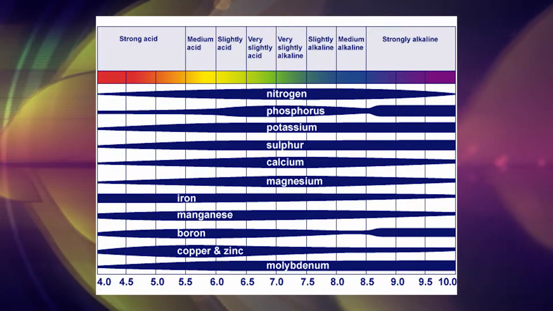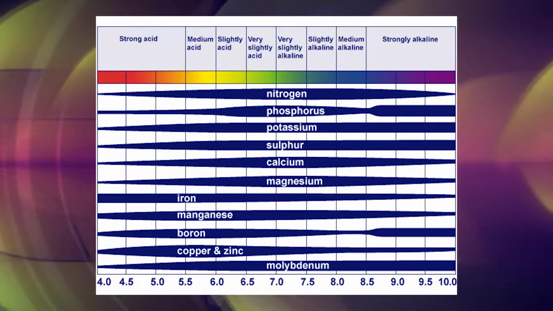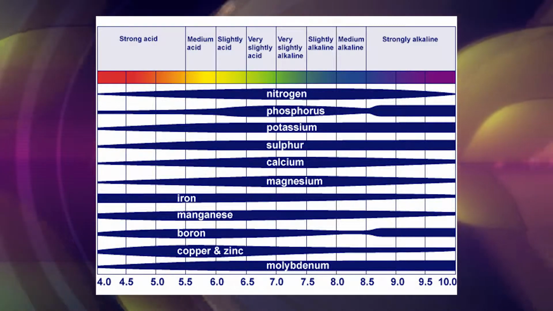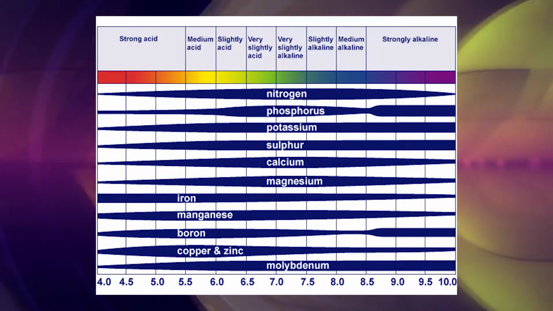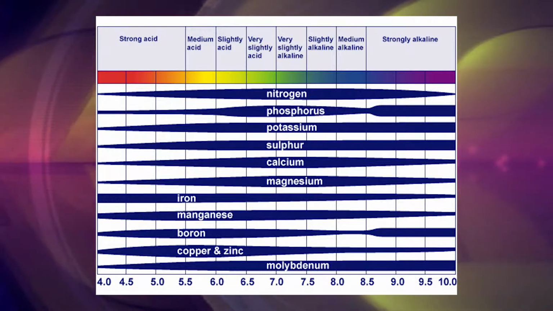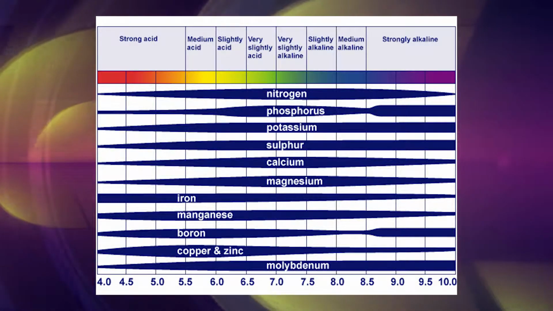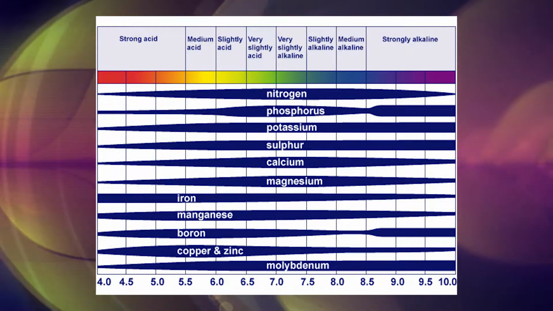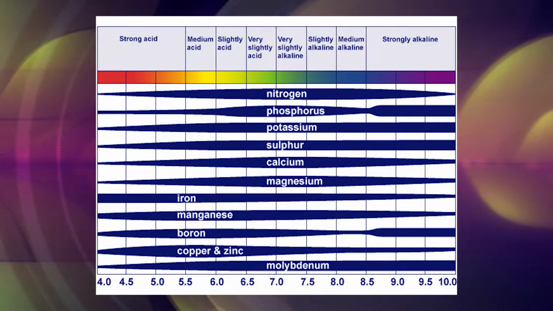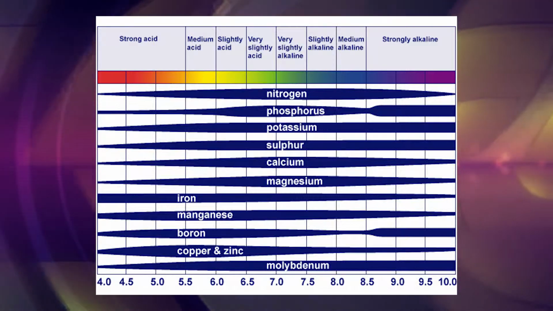Thicker lines signify greater nutrient availability. The thinner lines signify less nutrient availability. So when you tie all this information together, you may be able to predict possible nutrient deficiencies in your garden at low and at high soil pH values. In addition, potentially toxic nutrient levels can occur at low pH values.